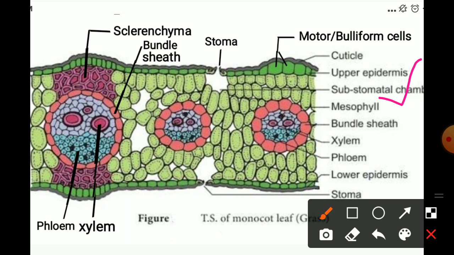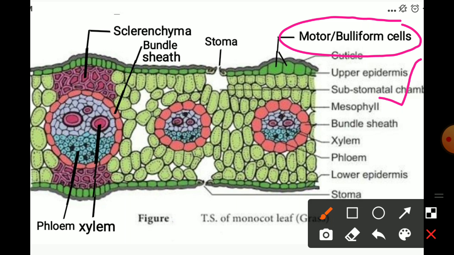Now, to identify the internal section of the leaf as monocot, we can identify it with the presence of such a characteristic type of bulliform or motor cells. When they are seen in the epidermis, we can call this the section of a monocot leaf. So the presence of motor cells or bulliform cells in the epidermis indicates that this is the monocot leaf.